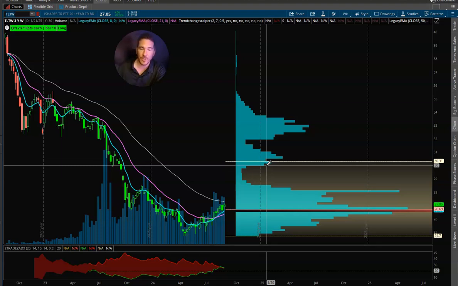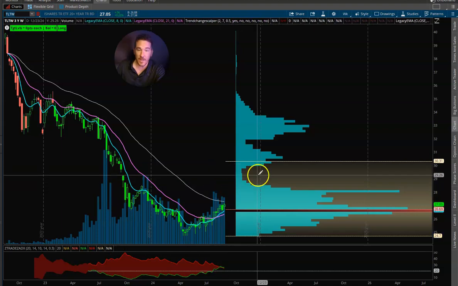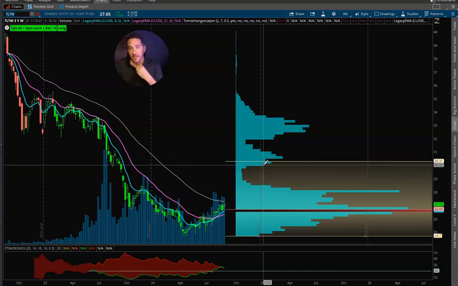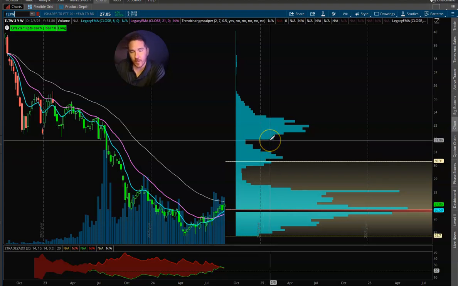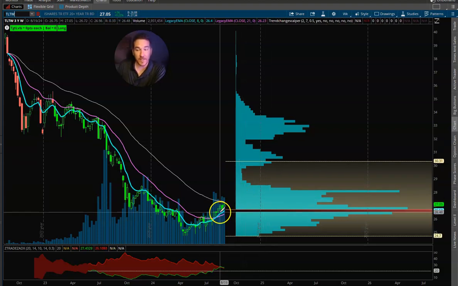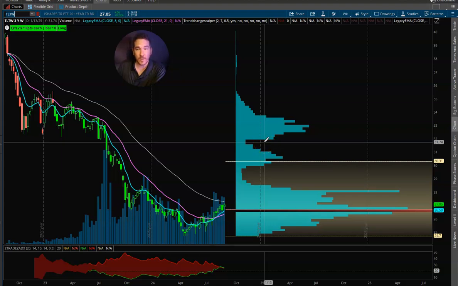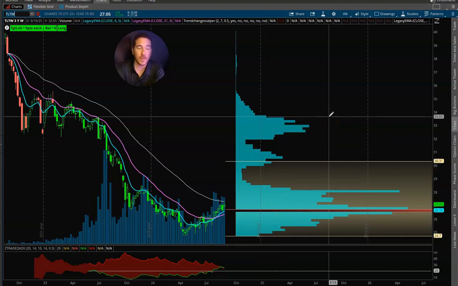I'm not sure. If we do get some steam, I definitely think we could see, oh my gosh, $30, possibly 31. Now that's a big deal going from 27 to 31, especially when the yield is around 12%. It may be a little bit more, between 10 and 20% yield, because they're writing covered calls on it.